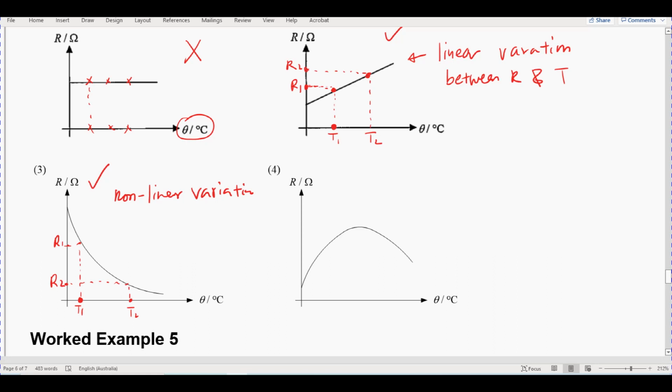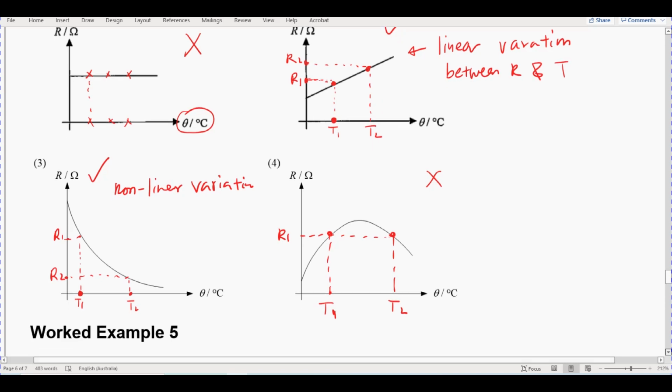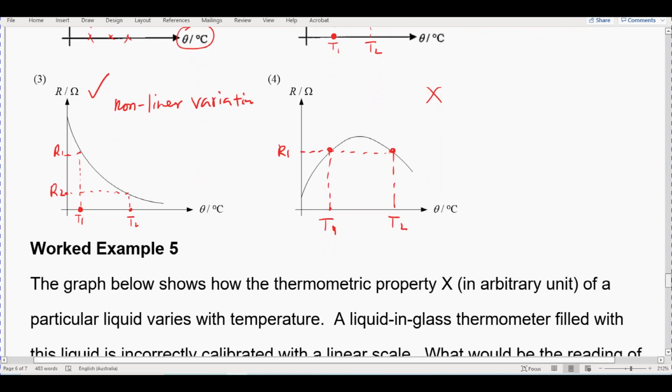So you can't have this one as your thermometer. Let me explain a little more. If I got a resistance reading from the circuit, there are two possible temperatures, so you can't tell which temperature it is. That's why number 4 is not good. It's not suitable for being a thermometer.